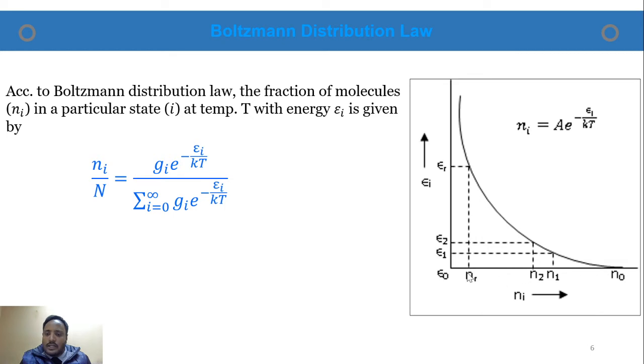That means a higher number of particles will be found at the lower energy levels at a given temperature, whereas a lower number of particles will be found at the higher energy levels.